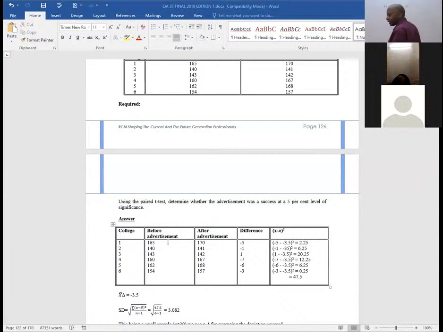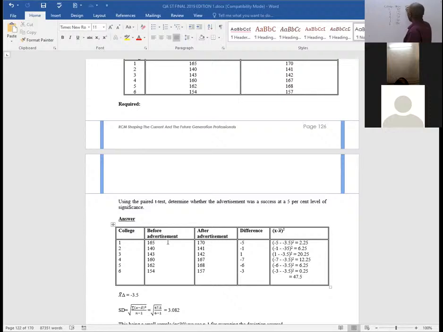Before advertisement, we have 165, 140, 143, 160, 162, 154. After advertisement, there was some improvement.